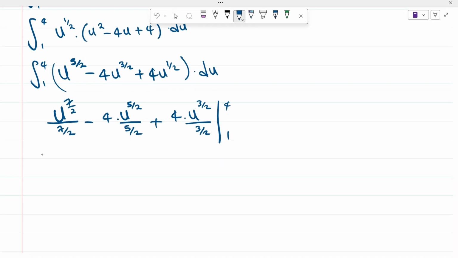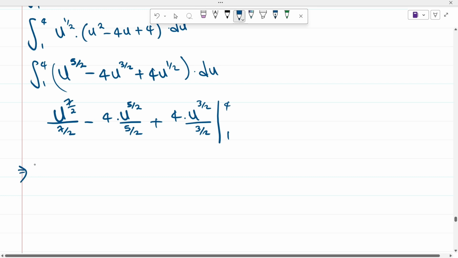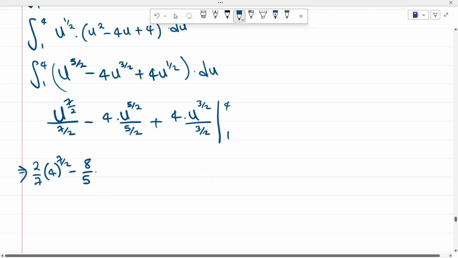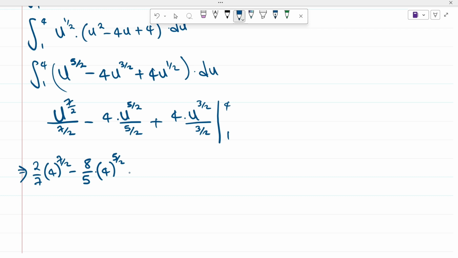So now we are going to put our limits. This is going to be 2 over 7 u, which is 4 to the power of 7 over 2, minus 8 over 5 u, put the upper limit first, to the power of 5 over 2, plus 8 over 3 multiplied by my upper limit to the power of 3 over 2, minus everything but changing the limit.